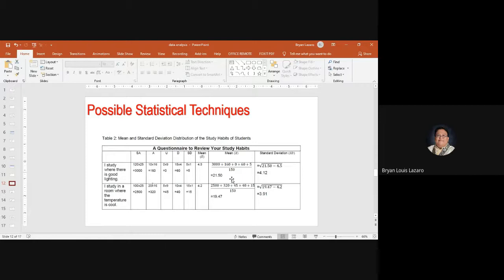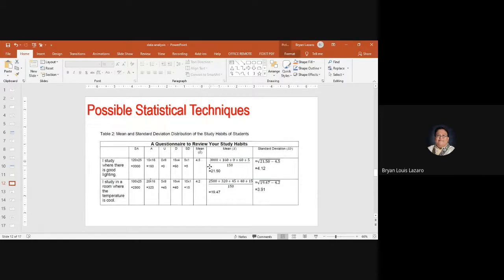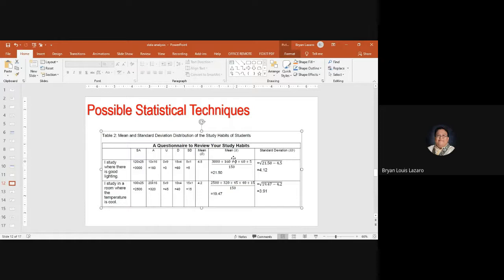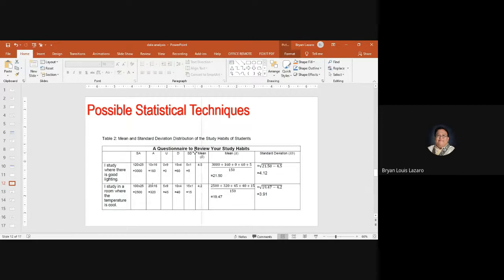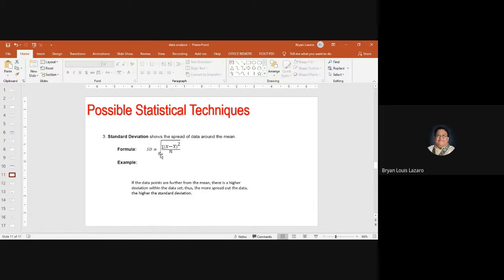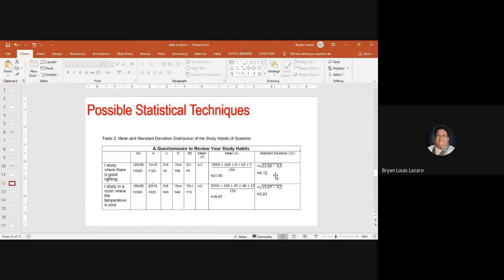So in doing so, syempre, this is the manual calculation of the standard deviation. However, in this part, kapag may mean ka na, madali na siyang gawin, no? Madali na siyang ayusin kasi ang formula niya is the summation of yan. So hindi ko na iisa-isahin yan. So dito, what you're going to do is to get the mean.